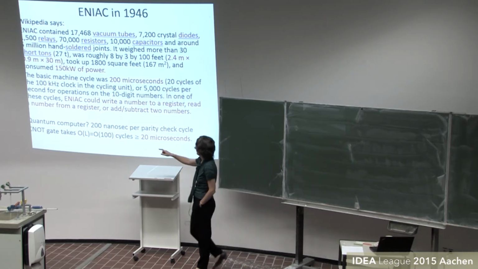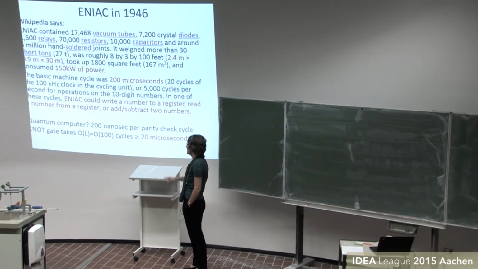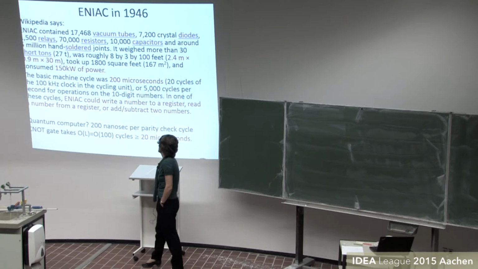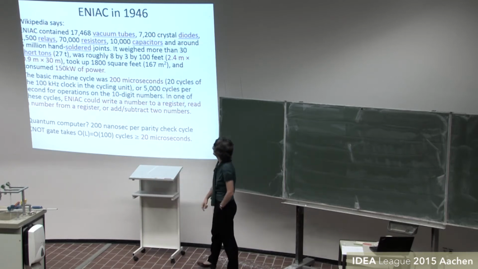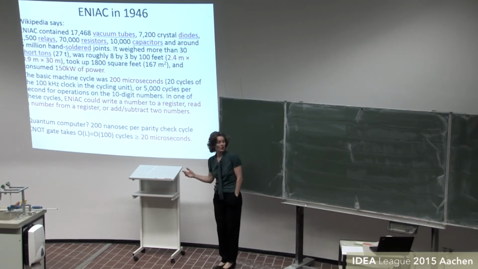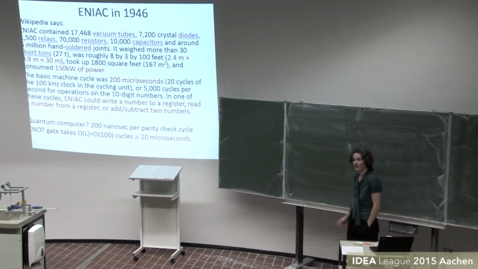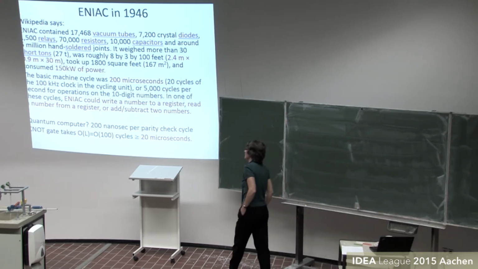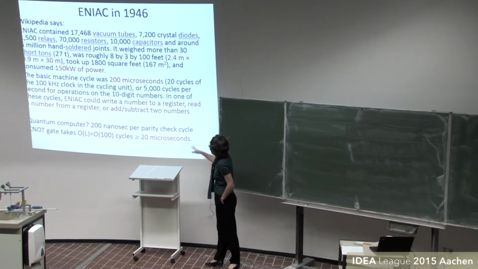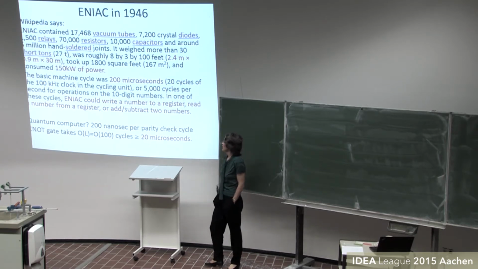How many of those steps you do depends on the code that you choose, how many physical qubits comprise one logical qubit, which depends on a parameter L. So if L is 100, say the CNOT gate takes order 100 cycles, you come to 20 microseconds. Which is very, very rough. I just put this in this morning, so I don't say that this is a very deep insight. But at least you can imagine maybe this clock speed could be similar.